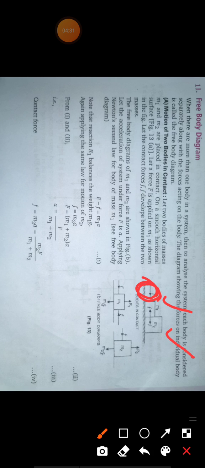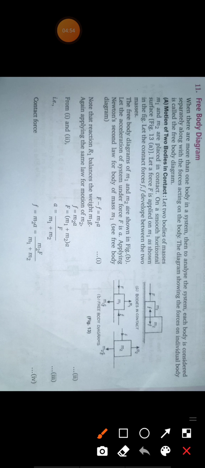That's why we have not drawn it here. So which force is acting on this m2 body? This contact force small f is acting on this m2 body. Capital F is only acting on m1, but the contact force small f is acting on m2.